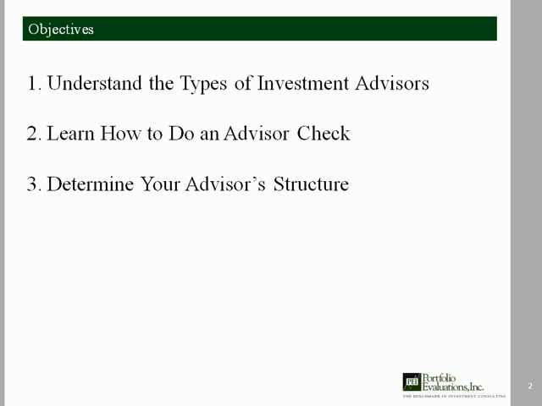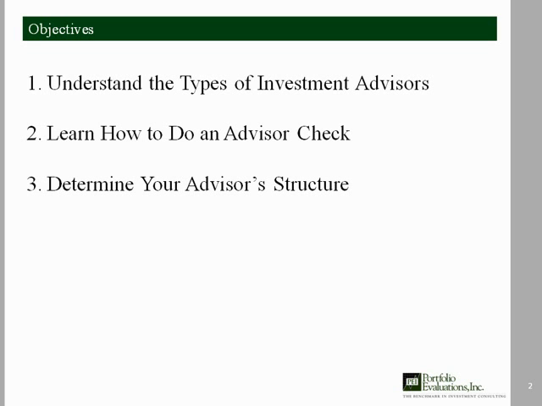So our objectives for our presentation today are first to help you understand the different types of advisors working in the industry today. We'll educate you on how to do an advisor check so you can know, matter of factly, with the type of advisor you're working with or planning to work with, what their credentials are and how they're structured as an organization. So how we're going to do that is by reviewing the fiduciary landscape.